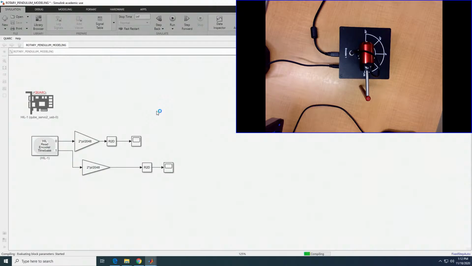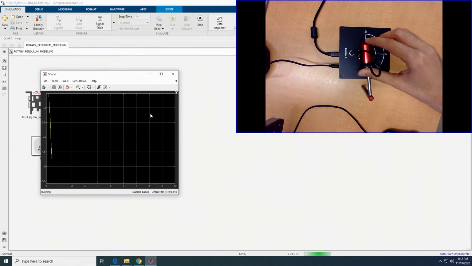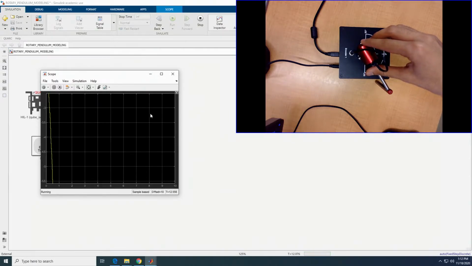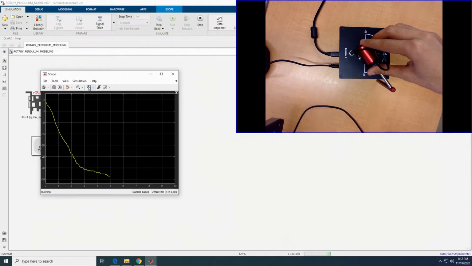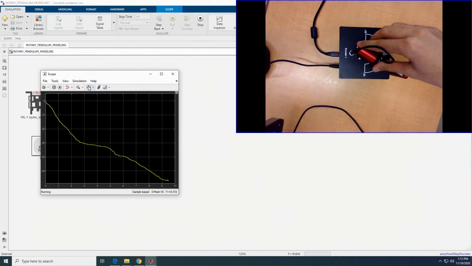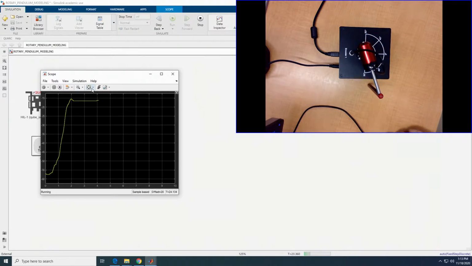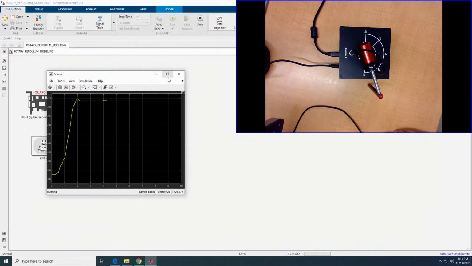So I'm going to run this model and manually change the angular position of both the arm and the pendulum and see if the readings follow the convention that we have. So if I turn the arm counterclockwise, you can see that the measurements are less than 0, which is exactly the opposite of what we want.